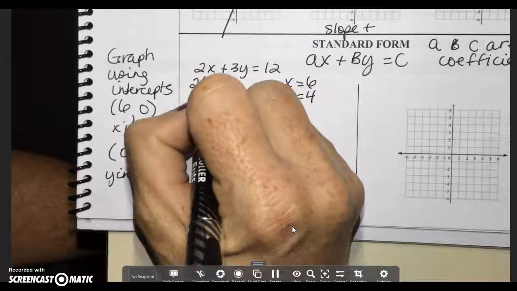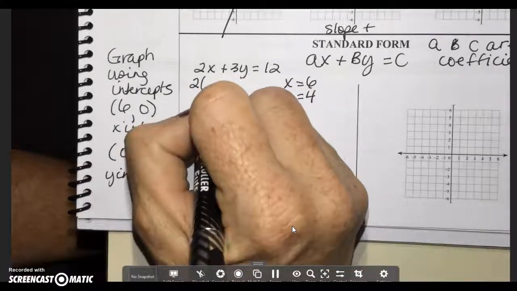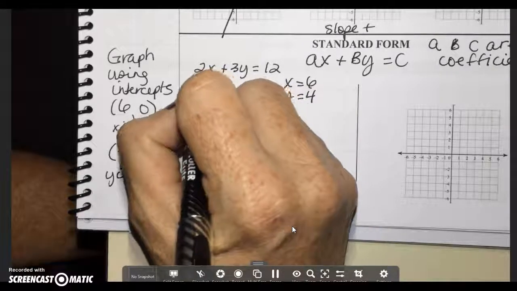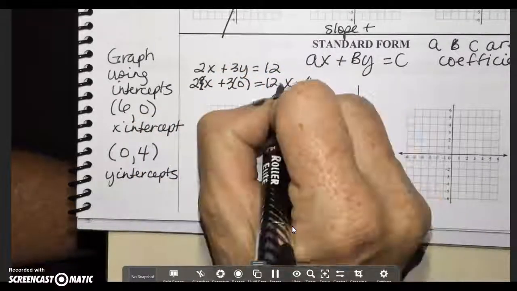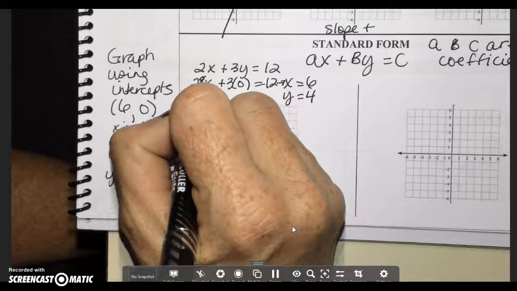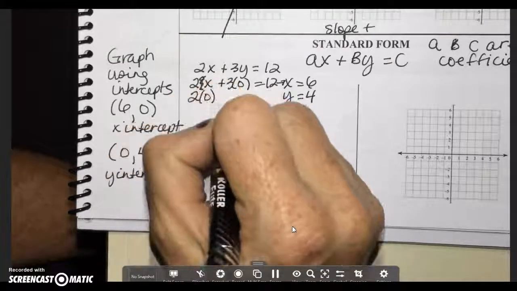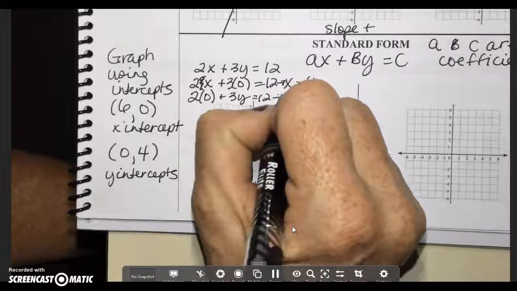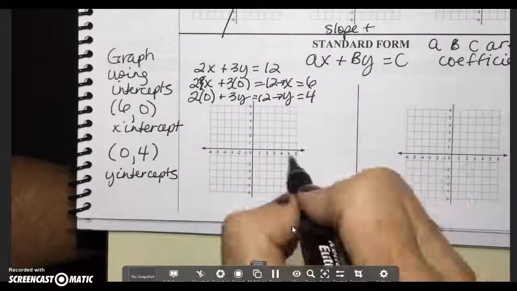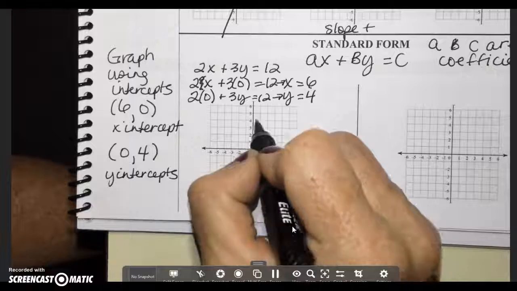So what you're really doing is plugging in the 0 for y and solving for x, and then you're plugging in the 0 for x and solving for y. Okay, so now you've got 6, 0 and 0, 4.